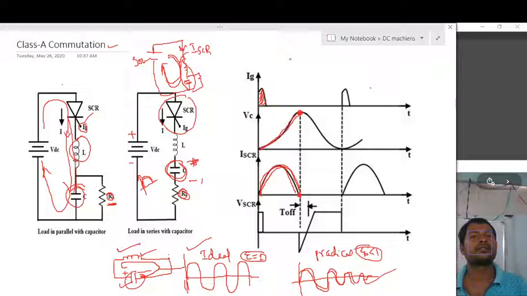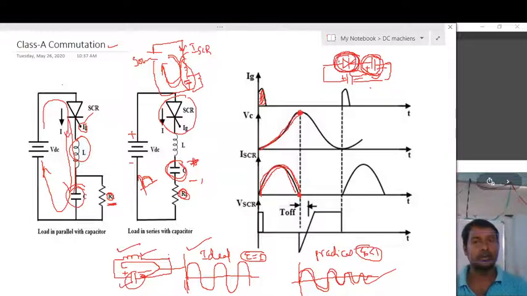For example, this is the SCR, this is the capacitor, positive and negative, and this is the battery, positive and negative. If you take this loop KVL, we can recognize that the voltage across the capacitor will be exactly reverse to the SCR.